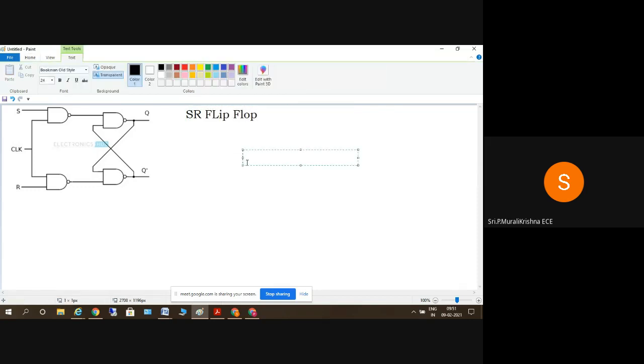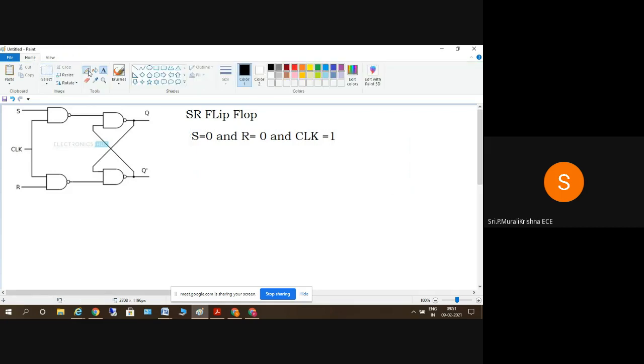Okay, so the first case is S equal to 0 and R equal to 0 and clock equal to 1. So if I assume this as 0 0 1, one of the inputs is 0, so the output is 1, so 1 into Q bar. And this is 1 into Q, and this is given as the output here, so Q bar whole bar will give a value of Q only.